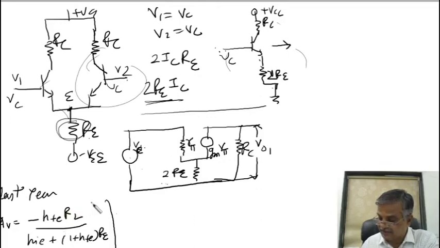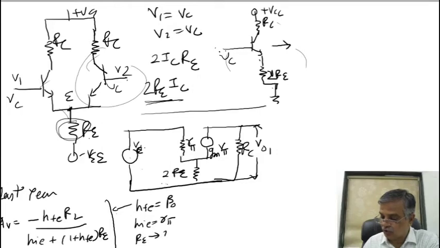Look here, RL is replaced by RC. This HFE you can write as beta, it does not matter. HI is R pi, and RE is replaced by 2RE.